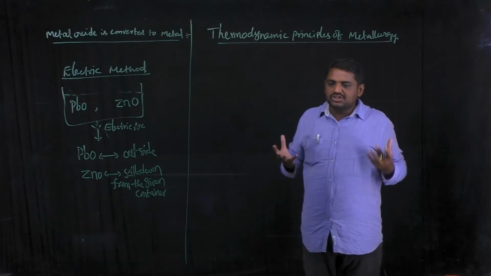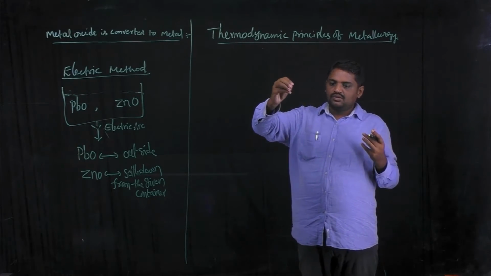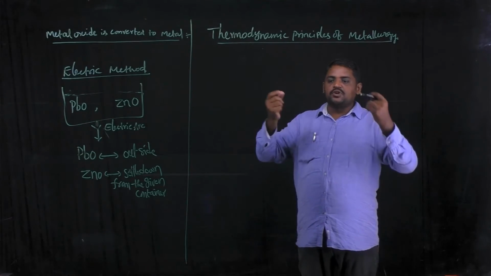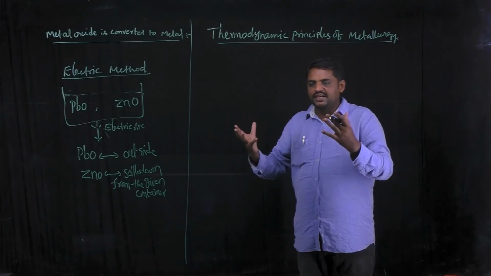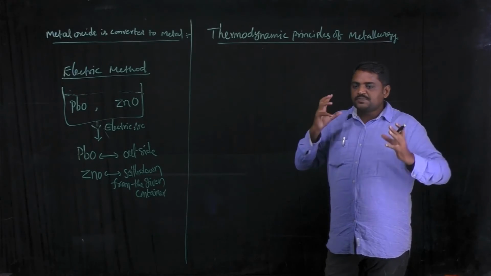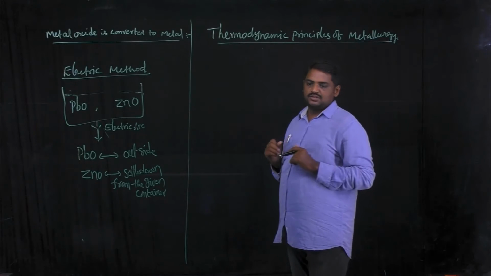Generally, in metallurgical process, these principles are involved to identify whether the reaction is possible or not, whether the reaction is spontaneous or non-spontaneous. Okay, so these points are identified by using these methods.